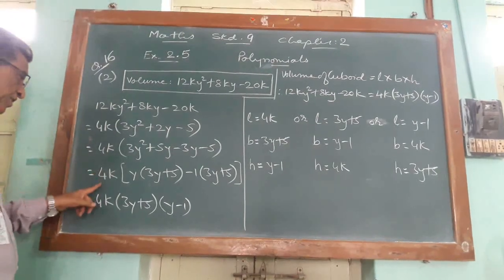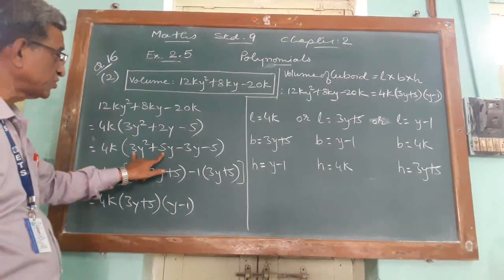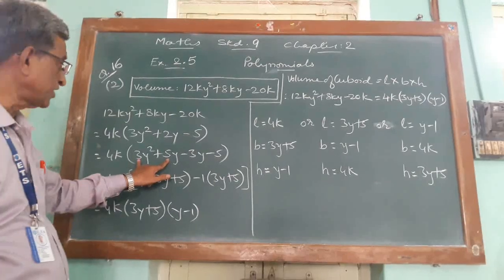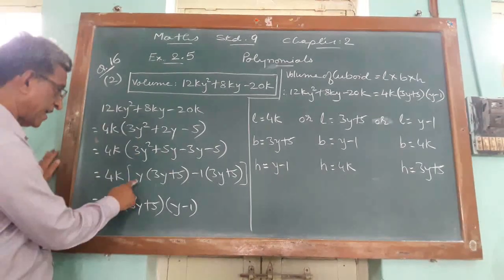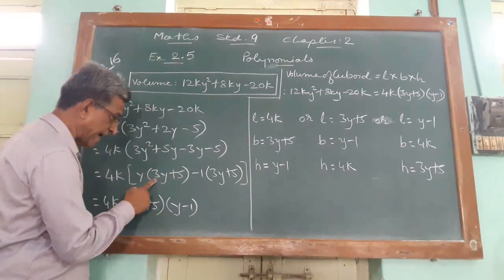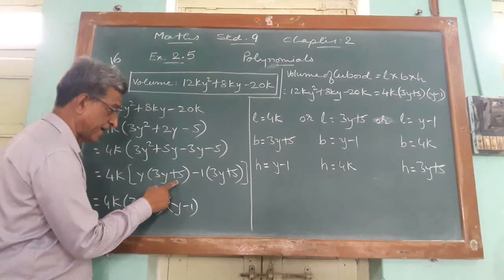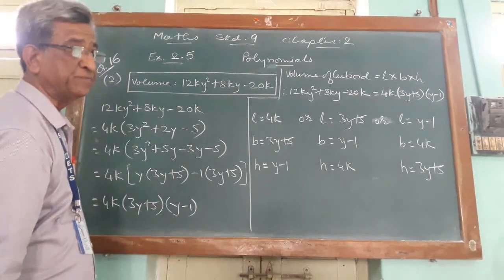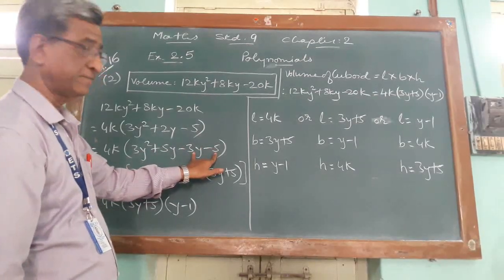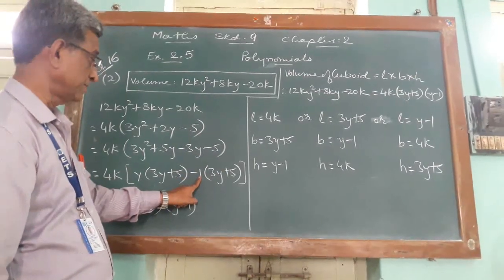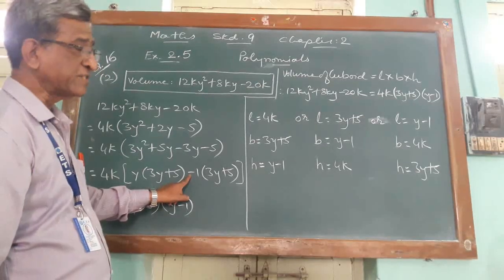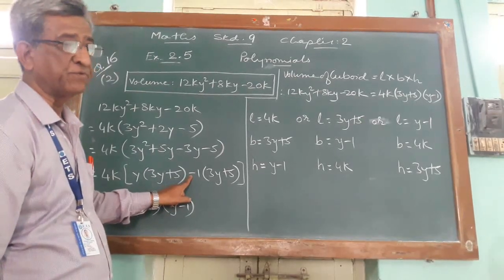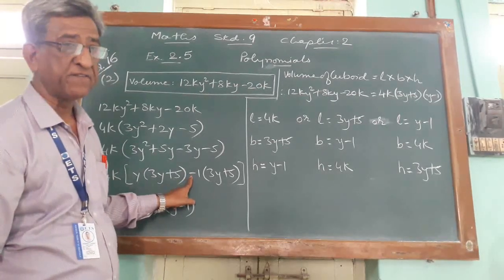Now 4k as it is. Common from first two, y. Y is common, so inside the bracket you will get 3y plus 5. Common from last two, nothing is common, so 1 is common. When the sign outside the bracket is negative, the sign inside the bracket will change.